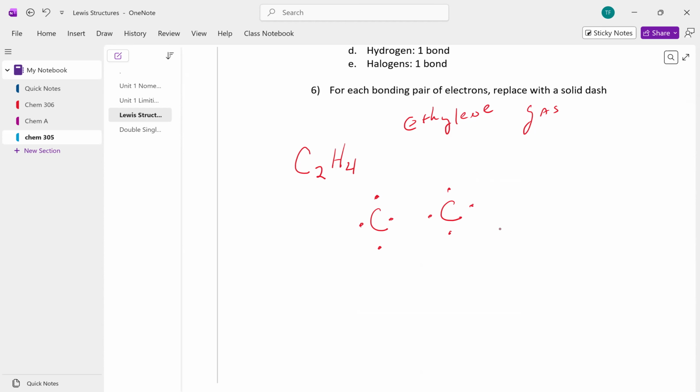Now we're going to surround those 2 carbons with 4 hydrogens. Doesn't matter where. I'm just going to divvy them up since we have 2 carbons. I could have put both on the bottom, both on the top, or 3 on one and 1 on the other. Okay, so that's step number 1.